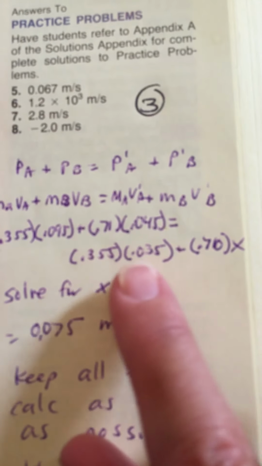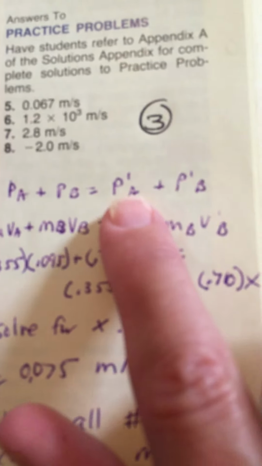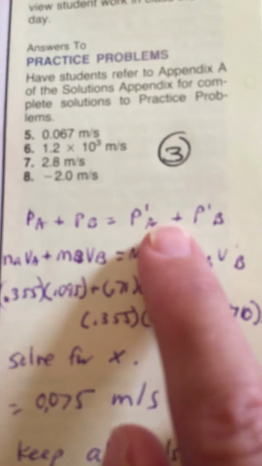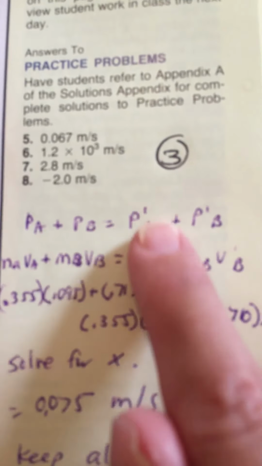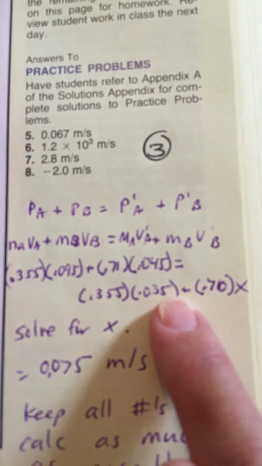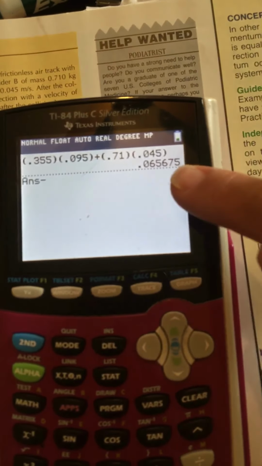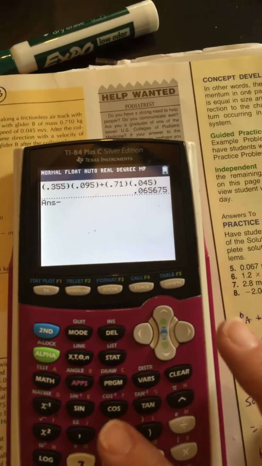Now I'm trying to get this alone. It's being added to this. So the opposite is subtract. What I do to one side, I do to the other. So I need to subtract this from my answer to get that alone. So I'm going to say minus, and that puts answer minus. It copied that there. And now I'm going to put it in parentheses that I want it to multiply these together.